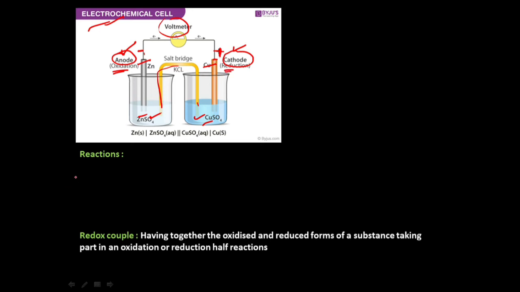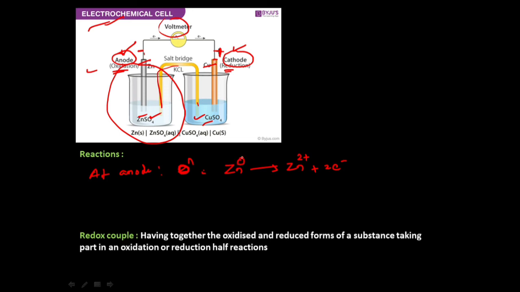So how can we see that? Here at the anode, oxidation occurs, isn't it? How? Zinc undergoes oxidation to give 2 electrons.